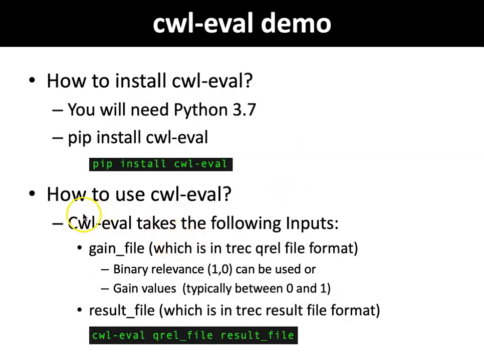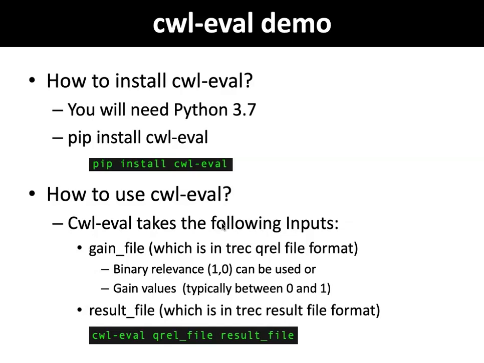Now, how to use L-eval is fairly straightforward. If you're familiar with using TREC-eval, then we try to model it on the same process so that it wouldn't be that different. It takes a gain file and a result file. The gain file is essentially equivalent to the TREC QREL file, so you can feed in binary relevance judgments.